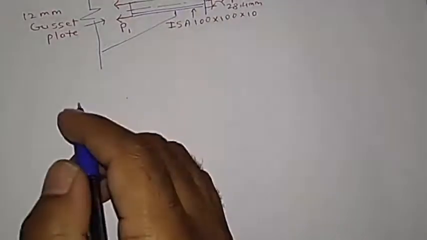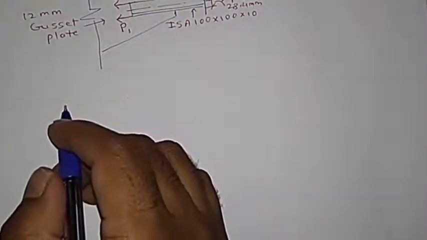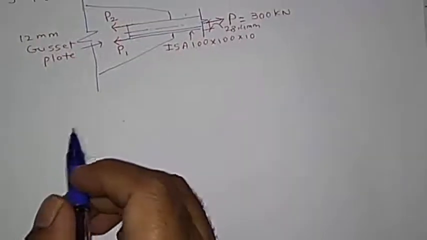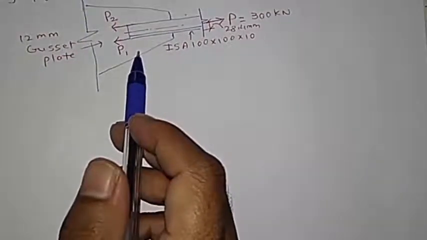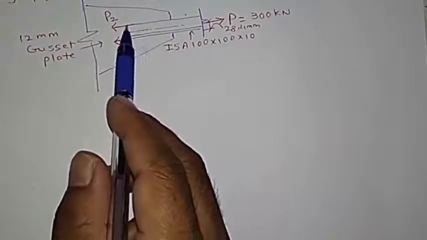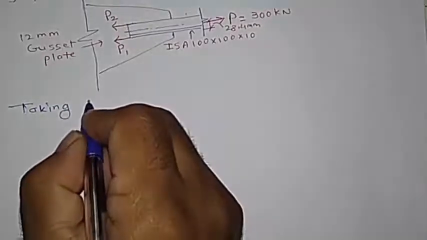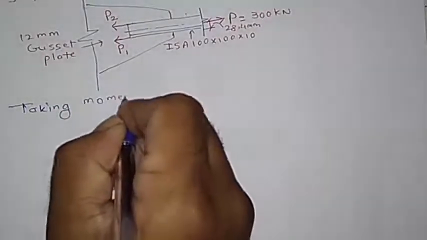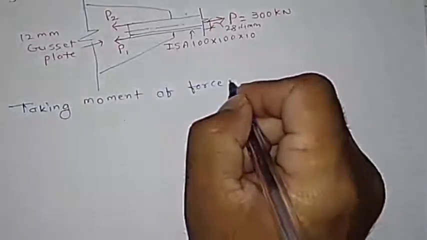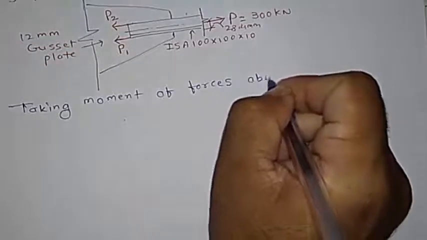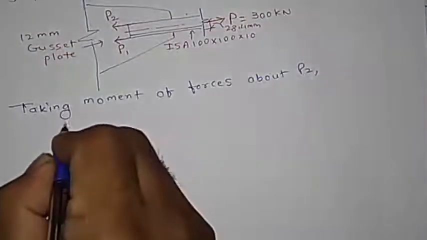So now we will move towards the part, and let us consider, say, we can take the moment about point P2, and therefore about P2, we'll be getting P1.